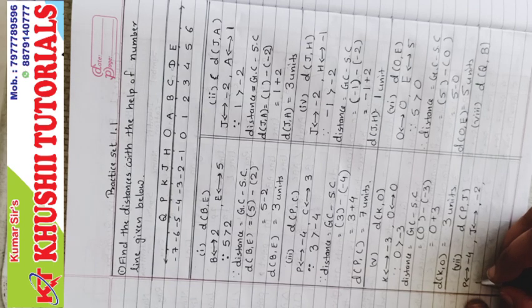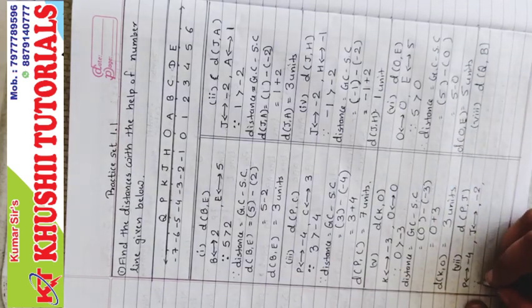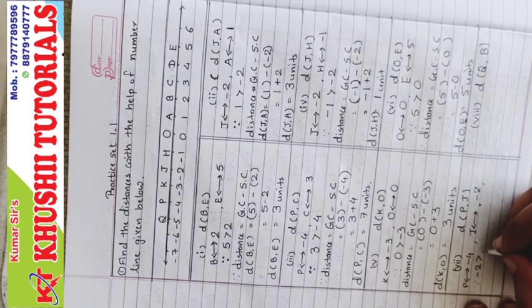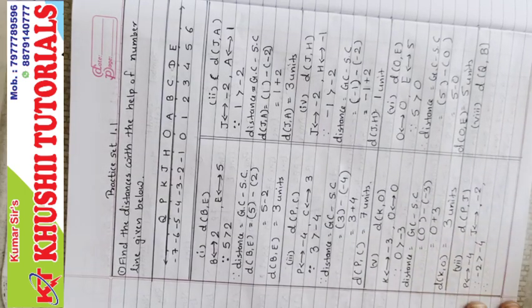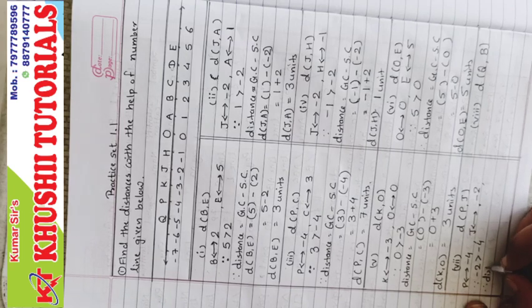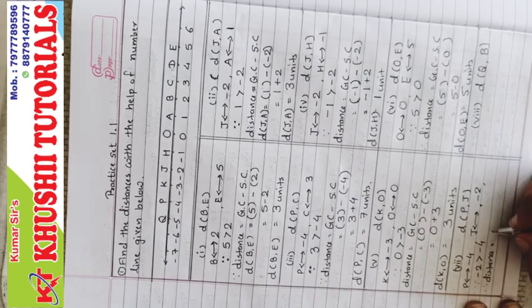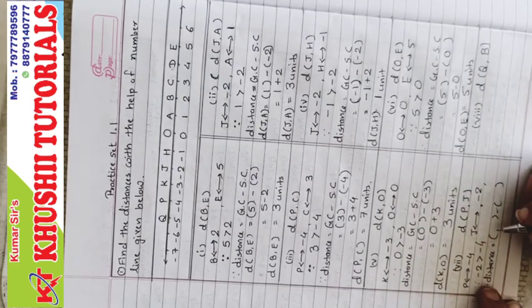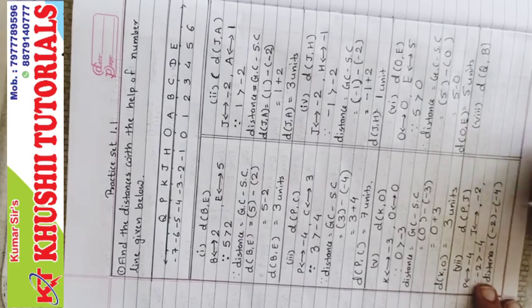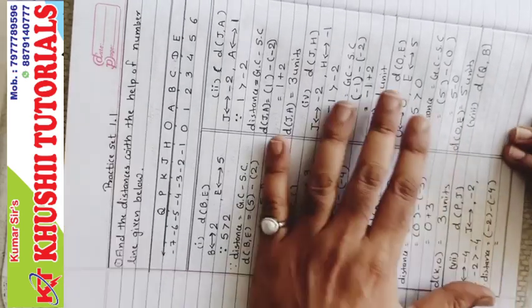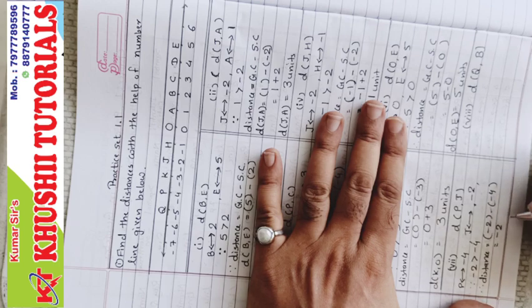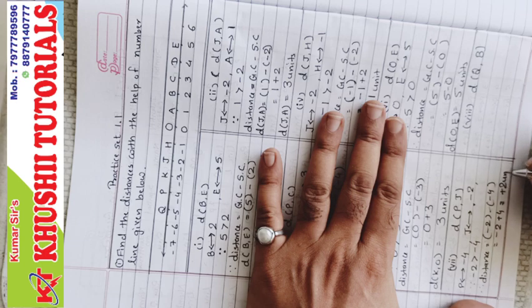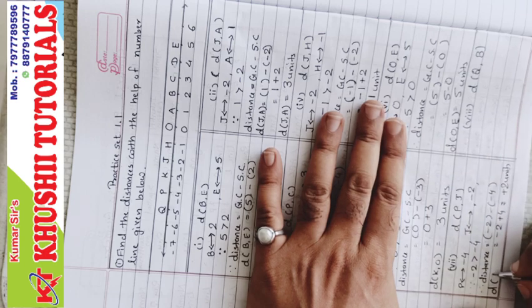Since minus 2 is greater than minus 4, the distance formula is distance equals greater coordinate minus smaller coordinate. Minus 2 minus minus 4, that is minus 2 plus 4 equals plus 2 units. So distance P comma J equals 2 units.